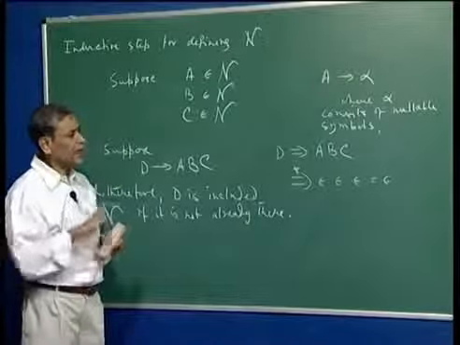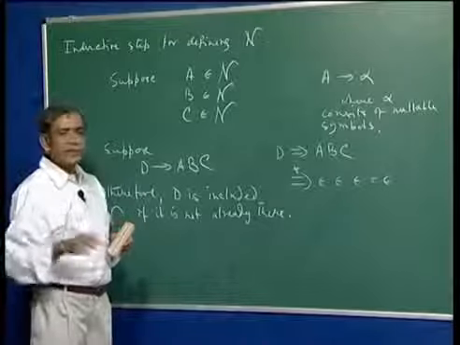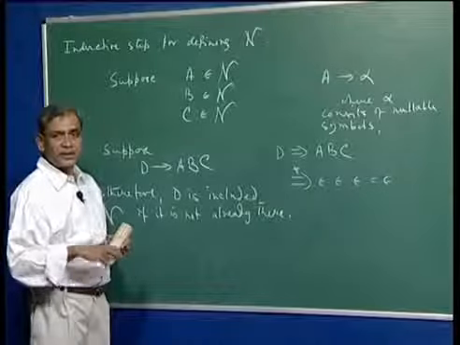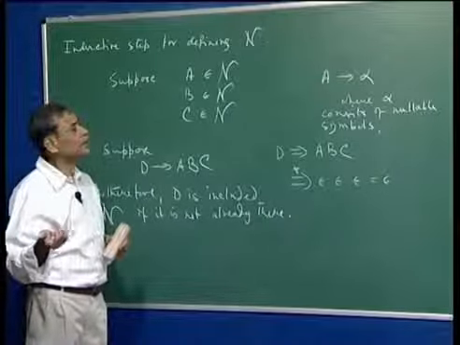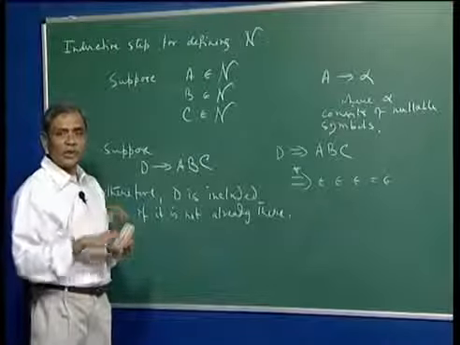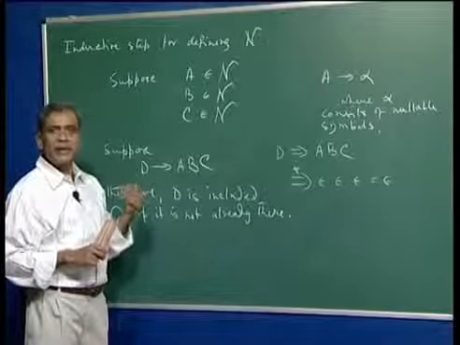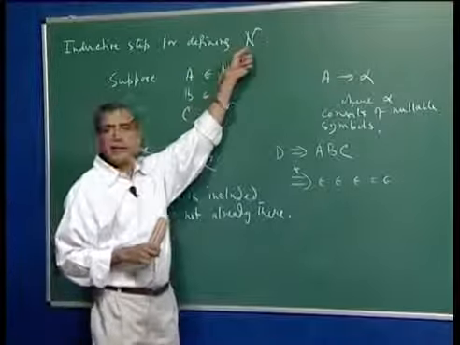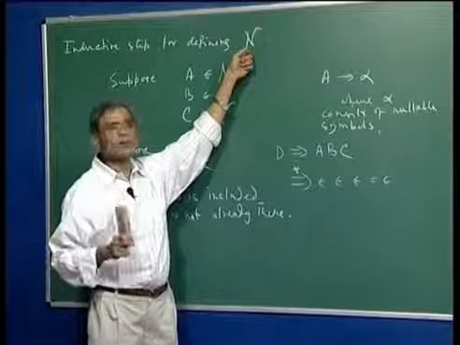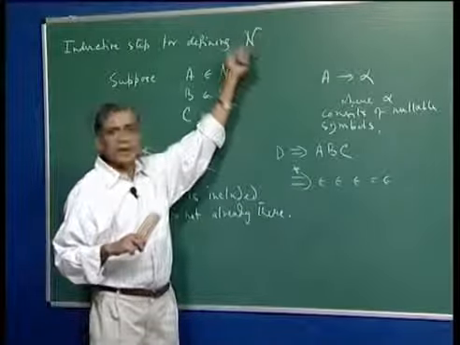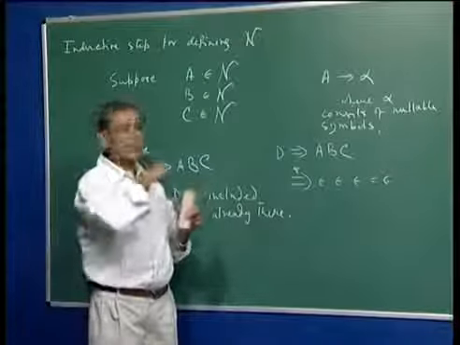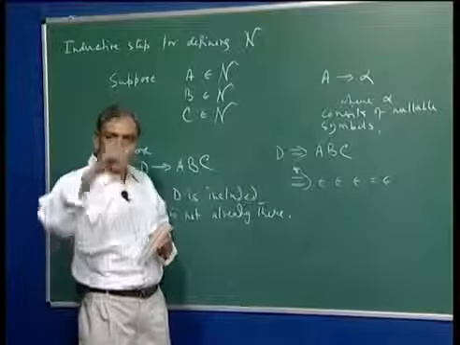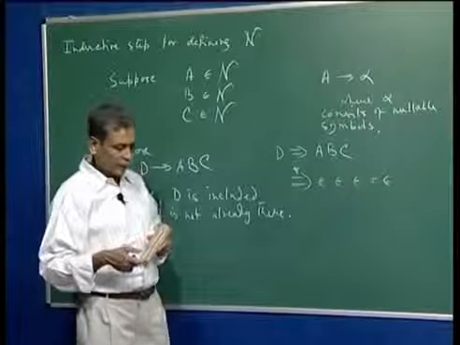Every iteration examines the set of all productions, and if it finds a production such that the right hand side consists only of nullable symbols that you have already identified, and the left hand side non-terminal is not there in the current N, then we stop that iteration, because we have already discovered an update for N. We include that symbol that we have just found to be nullable into N and start the next iteration, and we go on like this.